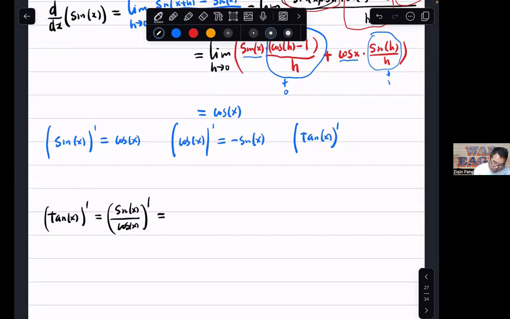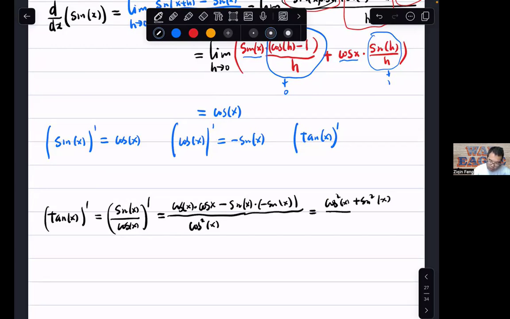This is cosine squared of x in the denominator, and the numerator is cosine of x times cosine of x minus sine of x times negative sine of x. So you get cosine squared of x plus sine squared of x over cosine squared of x. Now the numerator is 1, because this is one of the most important trig identities: sine squared plus cosine squared is 1. So this is 1 over cosine squared of x.